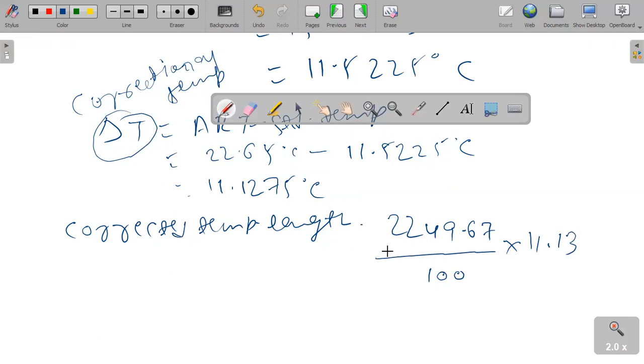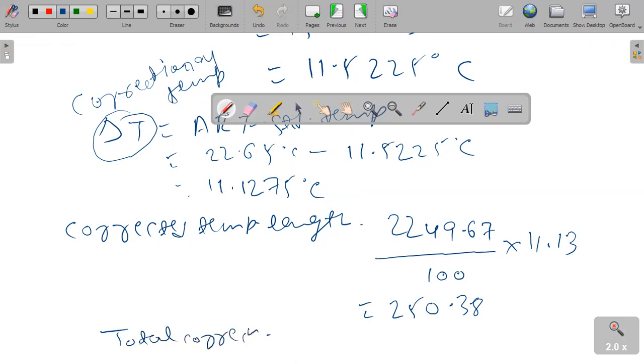If you multiply it with this, you'll get a value of 250.38.